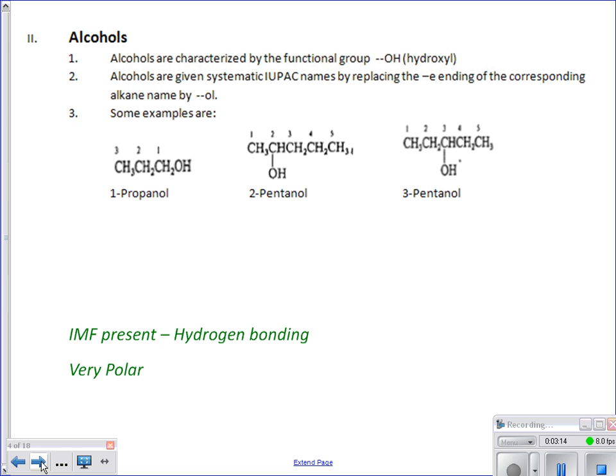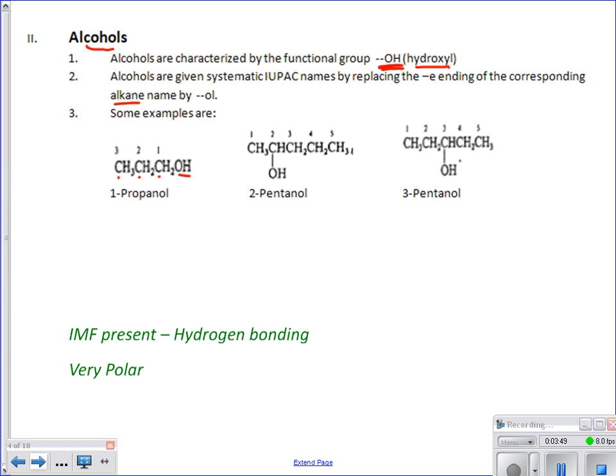Okay, so our next functional group that we want to look at is something known as alcohols. And what you should notice by this is that they are characterized by the functional group of an OH. It's known as a hydroxyl group. And the way this is named, for example, I would look at this here and see I have 1, 2, 3 carbons, and of course they started numbering from the opposite direction because they're going to start where this OH is.